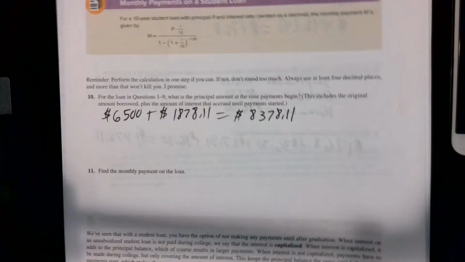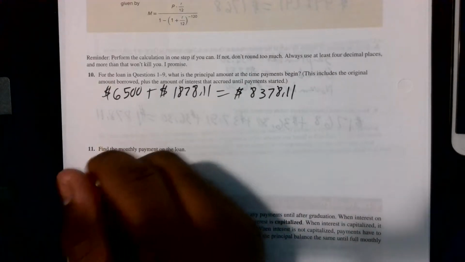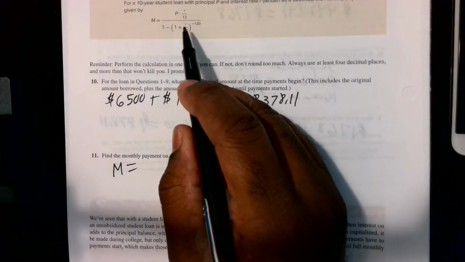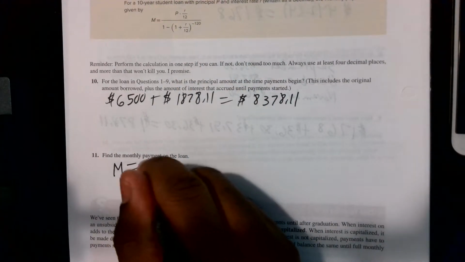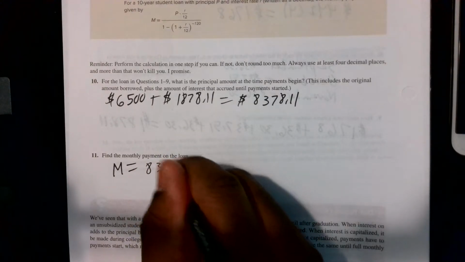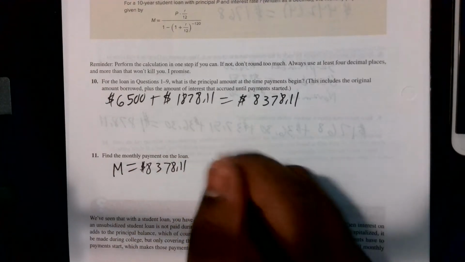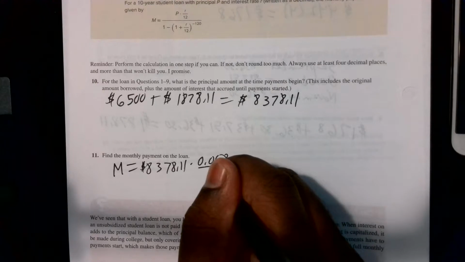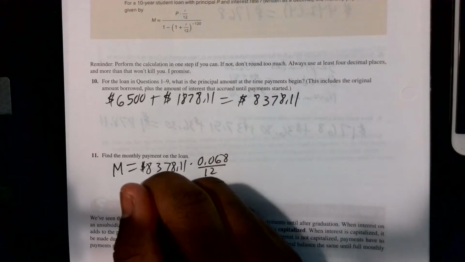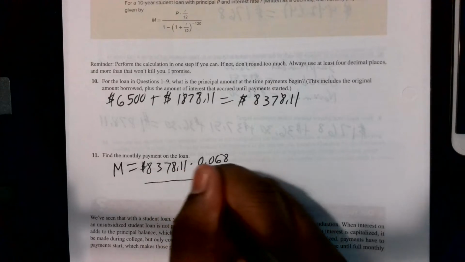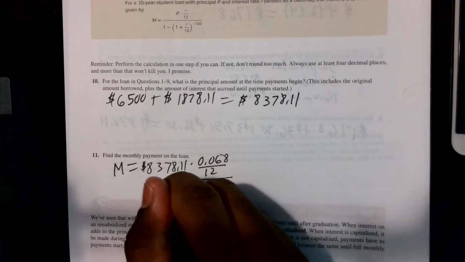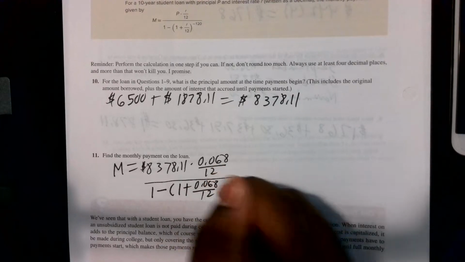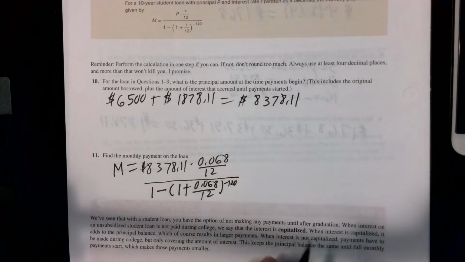Okay, now 11. Find the monthly payment on the loan. So we have M is equal to, now as you all can see the formula up here. So we would be substituting the $8,378.11 in for P, times the interest rate is 6.8%, so it would be 0.068 divided by 12, all over 1 minus 1 plus 0.068 divided by 12 to the negative 120 power.